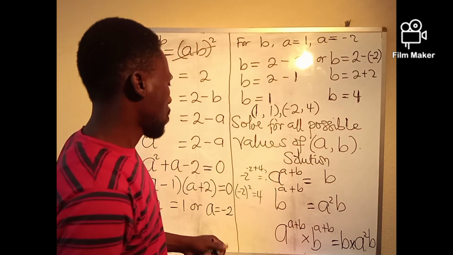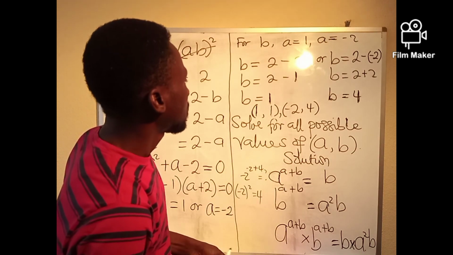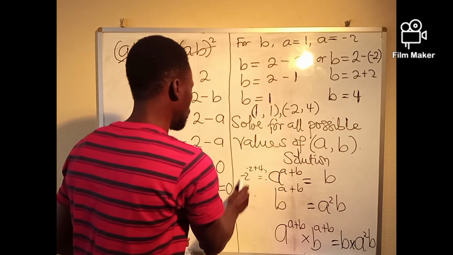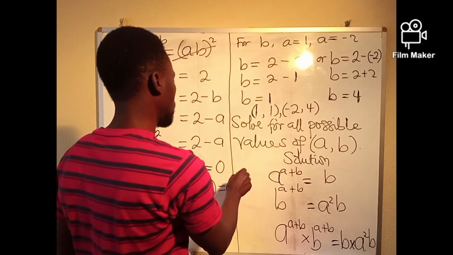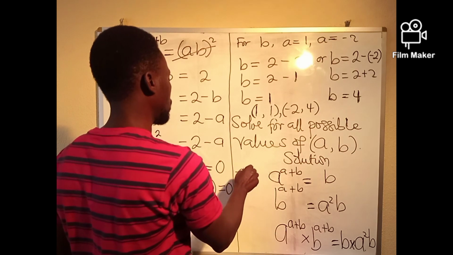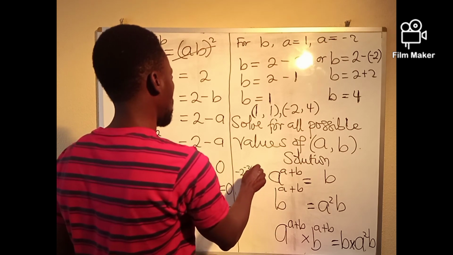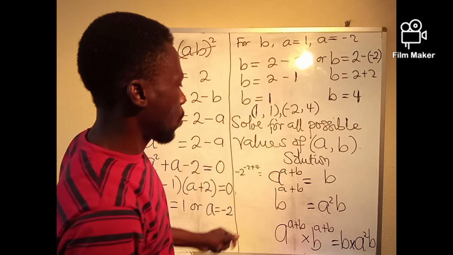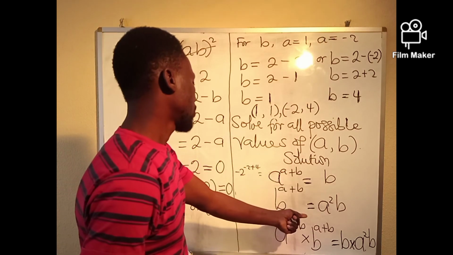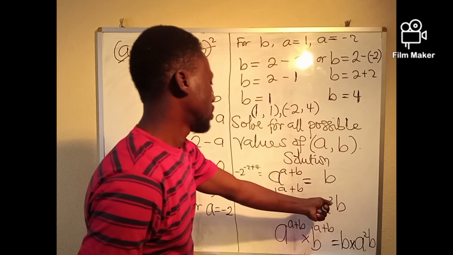And then when we say that a is also equal to negative 2, then what are we going to have? We shall have negative 2 raised to the power negative 2 plus 4. Will it give us this?